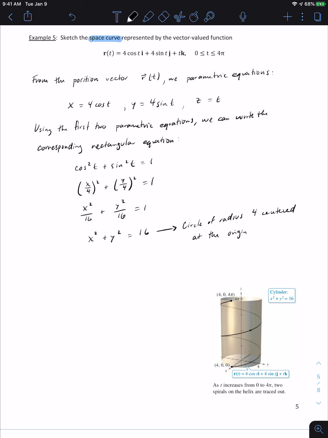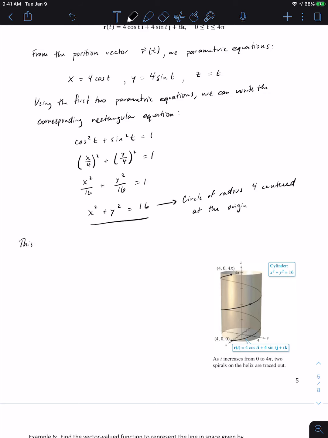So this means, because I know that I have a circle and because my z is just equal to t, that the curve we're trying to draw lies on a right circular cylinder of radius 4 centered on the z axis, right?